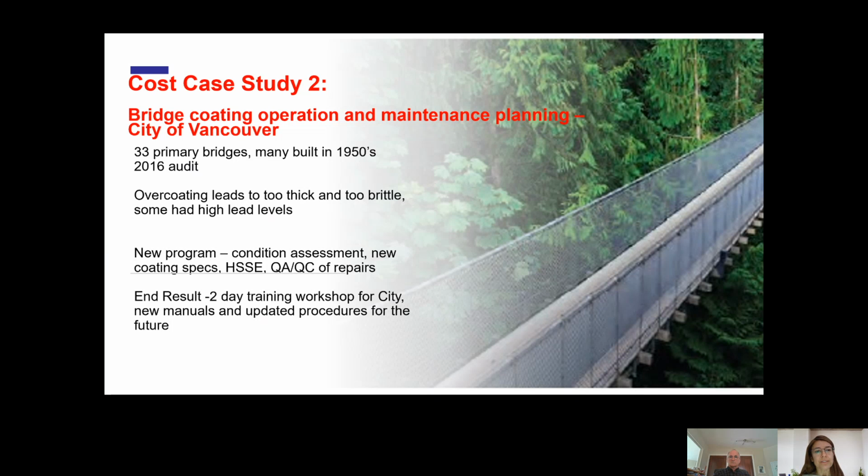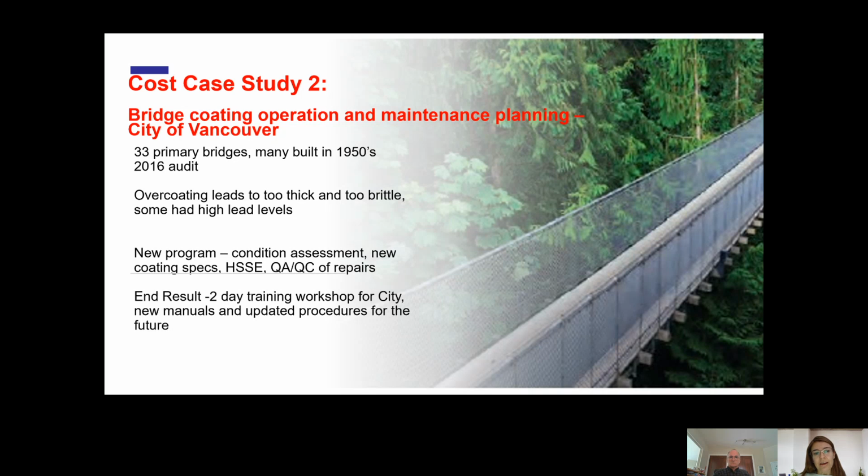What they found was coating, overcoating, and that didn't lead to a really long-term solution. It was too brittle, and it had a bunch of points of failure.